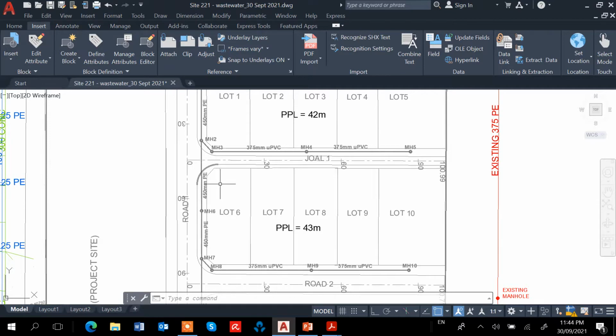Either you could run along the roads, or you could go along the edge of the lots, the properties.